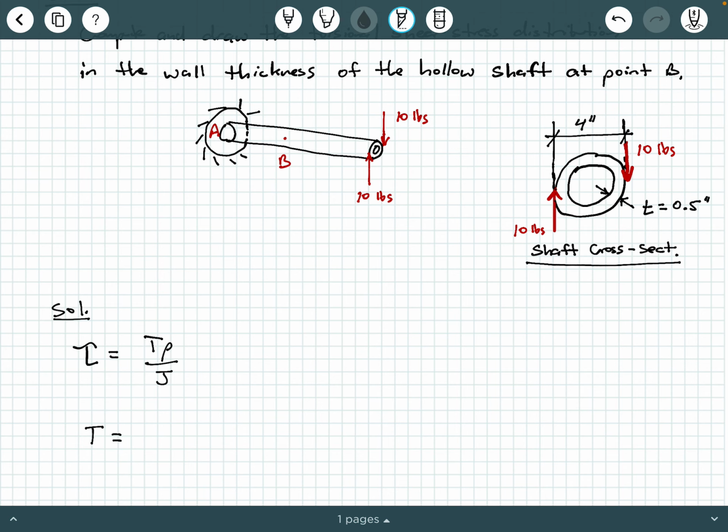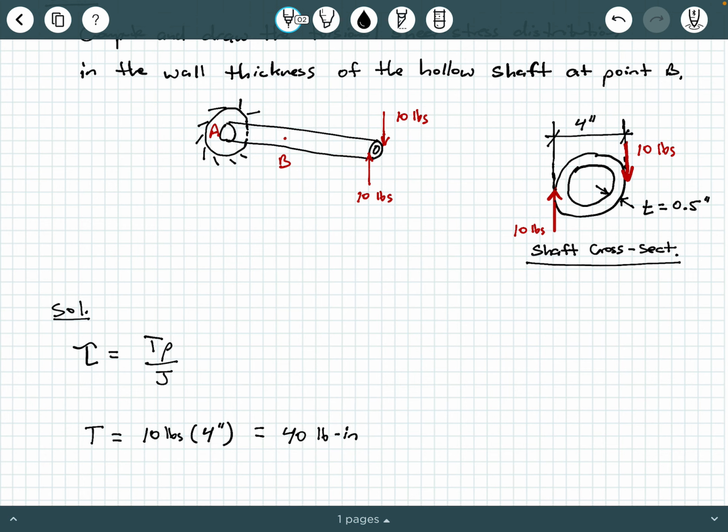So this torque moment is going to be equal to 10 pounds times the perpendicular distance between the couple forces, which in this case is the full outer diameter of 4 inches. This gives us 40 pound inches as our torque moment.